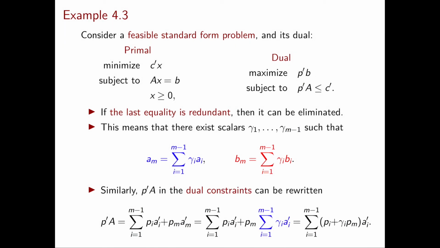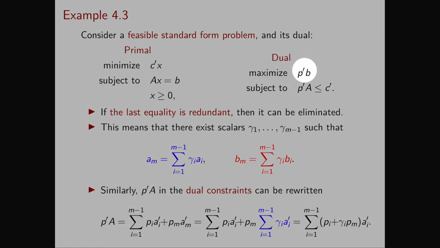We have now written the dual cost p transpose b in a form that will be useful to us in just a moment. Now let's do the same thing for p transpose A. We write down p transpose A by expanding the components of p and isolating once again the last component.